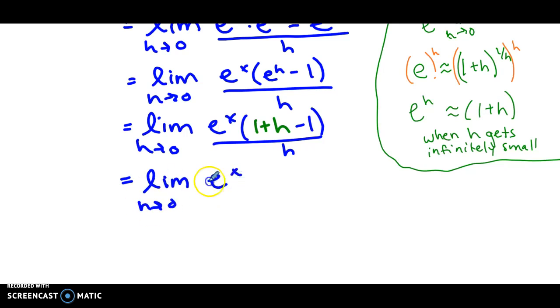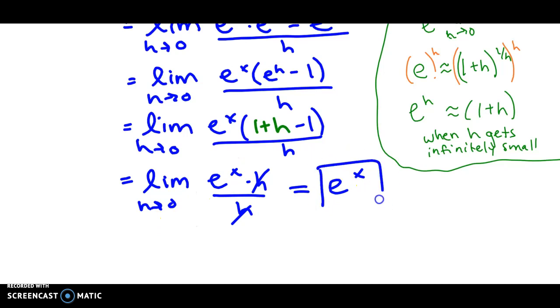Now I have e to the x times h all over h, but those guys cancel. And using direct substitution, we see that the limit as h approaches 0 of e to the x is e to the x. All that work just to find out that the derivative of e to the x is itself.